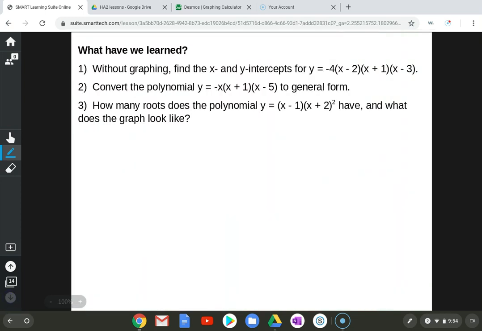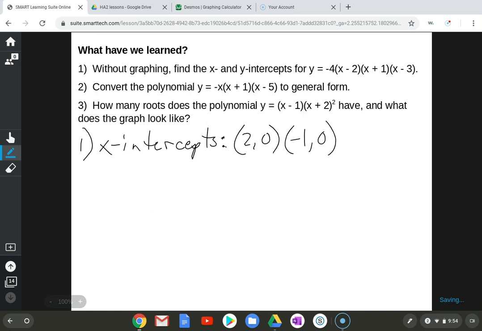All right, quick summary, and we're done. Without graphing, number 1, find the x and y intercepts. Our x-intercepts, I'm going to write them as ordered pairs. So we would have x equals 2, so we would have (2, 0), then (-1, 0), and then (3, 0). All I'm doing is taking the factors and changing the signs of these numbers.